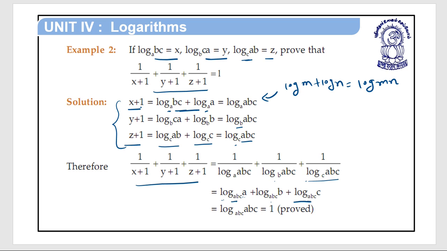So here the ABC base is common, the base is the same. So log ABC to the base ABC is equal to 1, because log a to the base a is equal to 1.